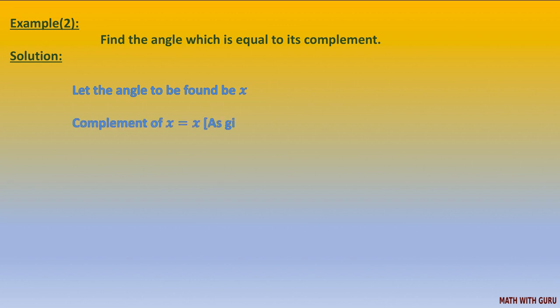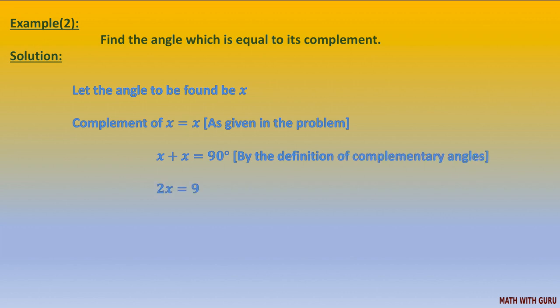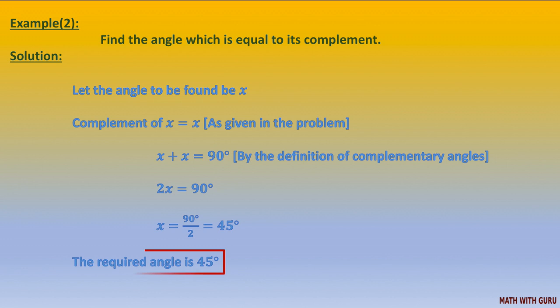Complement of x equals x as given in the problem. x plus x equals 90 degrees because they are complementary angles. 2x equals 90 degrees. It is a simple equation. Let us solve this equation for x. We get 45 degrees. Therefore, the measure of the required angle is 45 degrees.